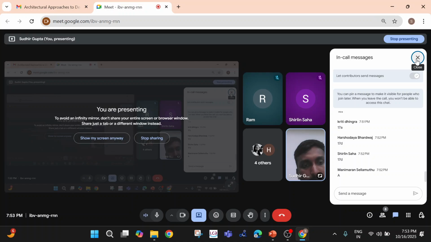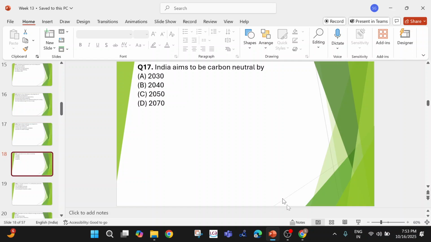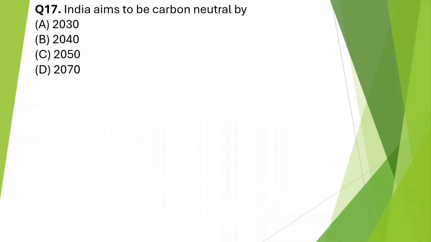I don't think everybody is confident about their answers. The correct answer for this question is 2070, option D, which was first mentioned by Sir Harshoday. India has committed to be carbon neutral by 2070.